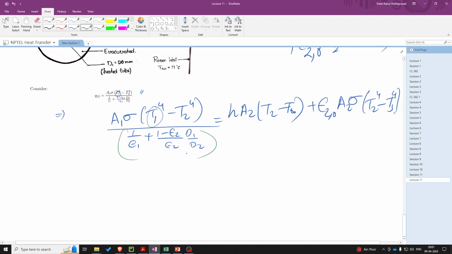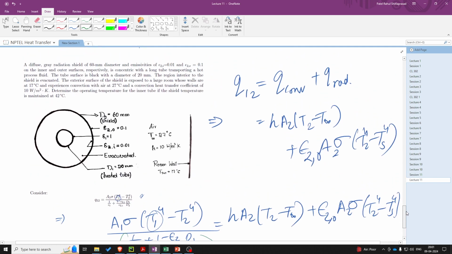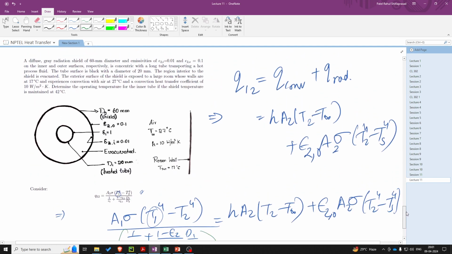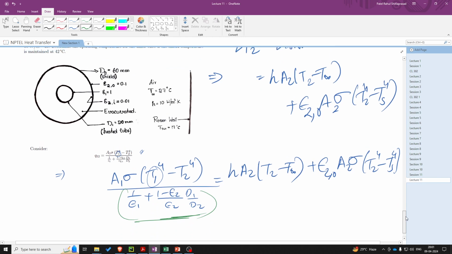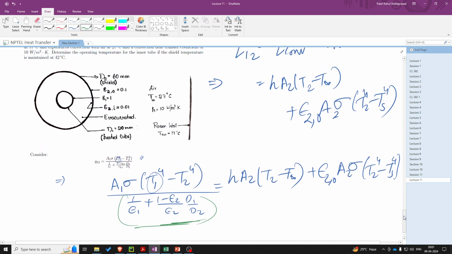So let's just first calculate this term. The value of epsilon 1 is given as 1 and epsilon 2i is 0.01. So this will become 1 plus 1 over 0.01, that is, 1 plus 100, and so on.